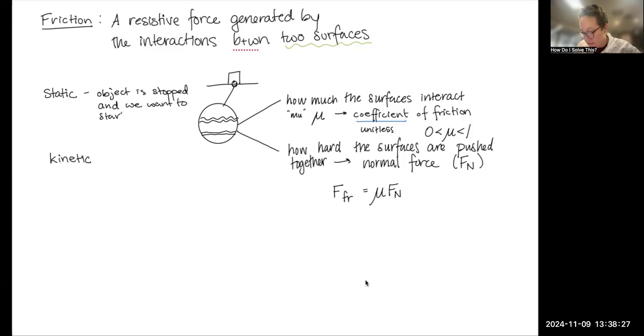And I actually love that static, stopped, and start all have the same first two letters, because it makes it really easy to remember. Kinetic, which we'll also talk about when we get to energy, is when the object is already moving.